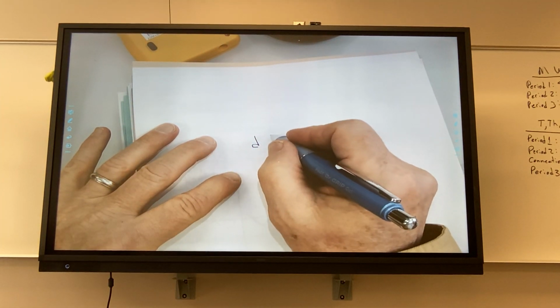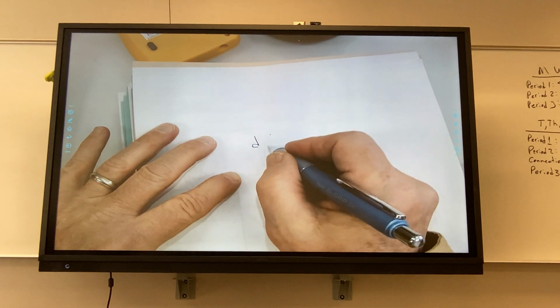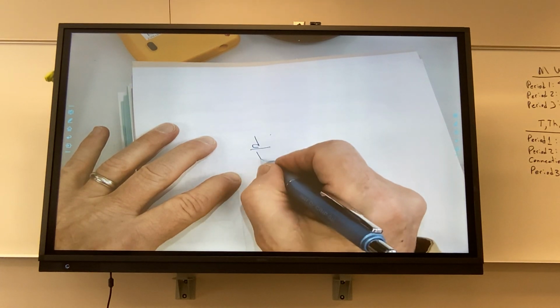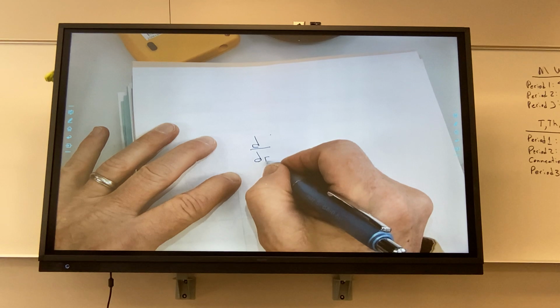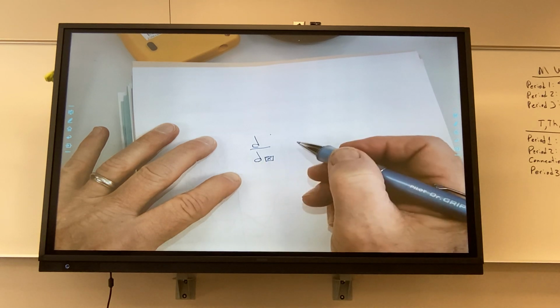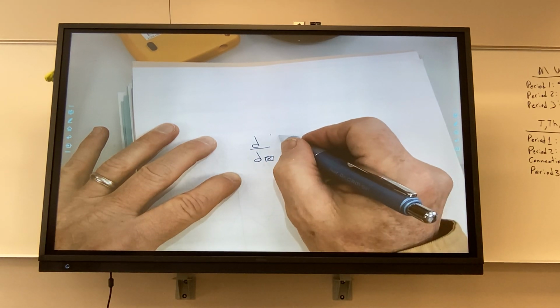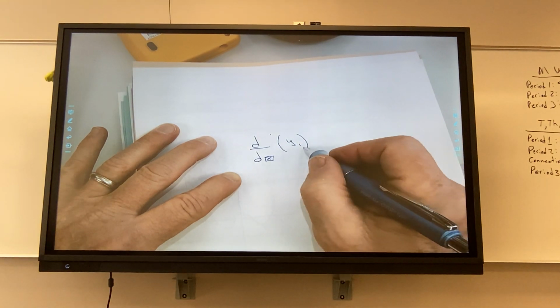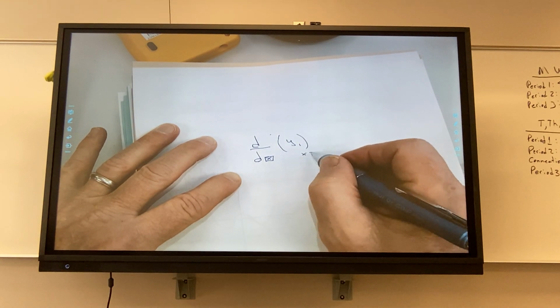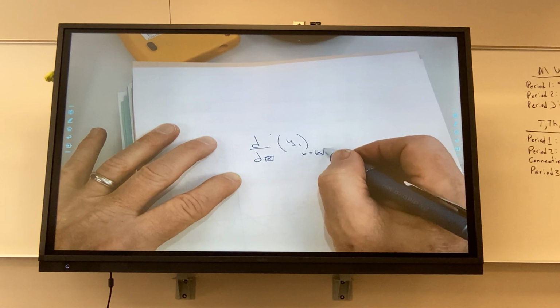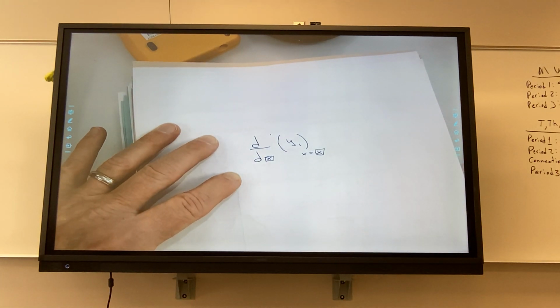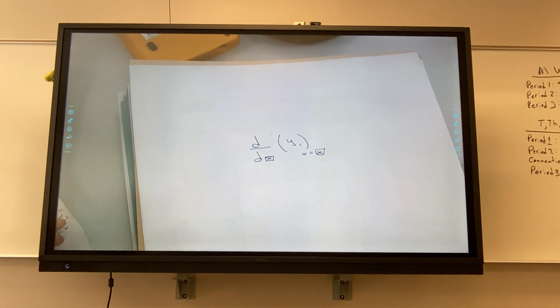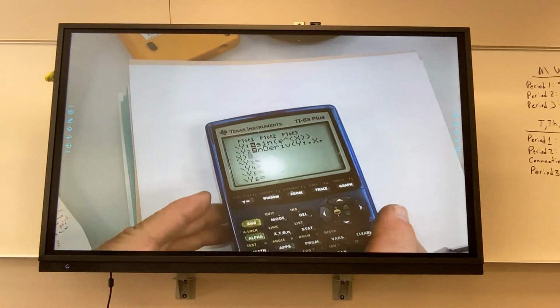Yeah, it's d over d and then something in parentheses, and there's a little box down here. I just put x in there. Yep, you put your variable x in there. And then for the next one I put Y1. Yep. And at the end it goes x equals something, and that's where you put that x. Okay. So is it kind of like that? Yep, that's exactly it. You explained that really well.